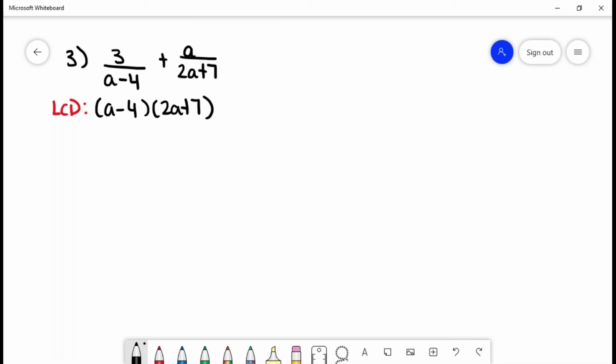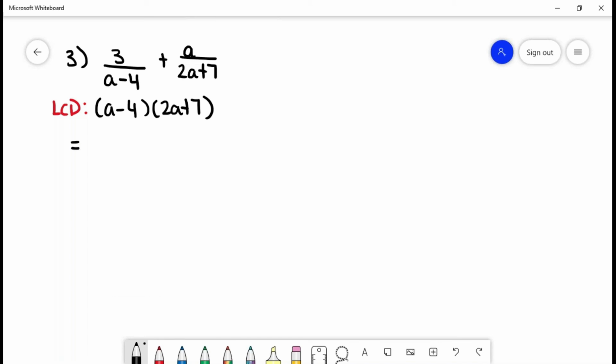Now that we've established our lowest common denominator, exactly as you would when adding regular fractions without variables, you have to multiply both the numerator and denominator of both fractions by a certain amount to make the denominators the same.